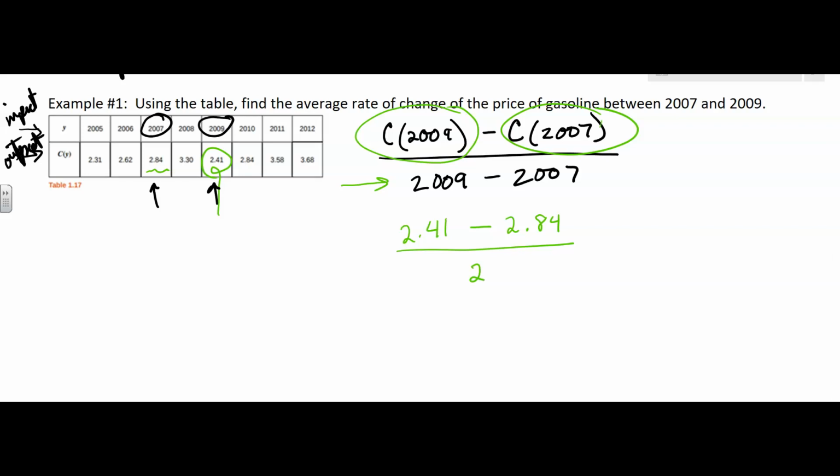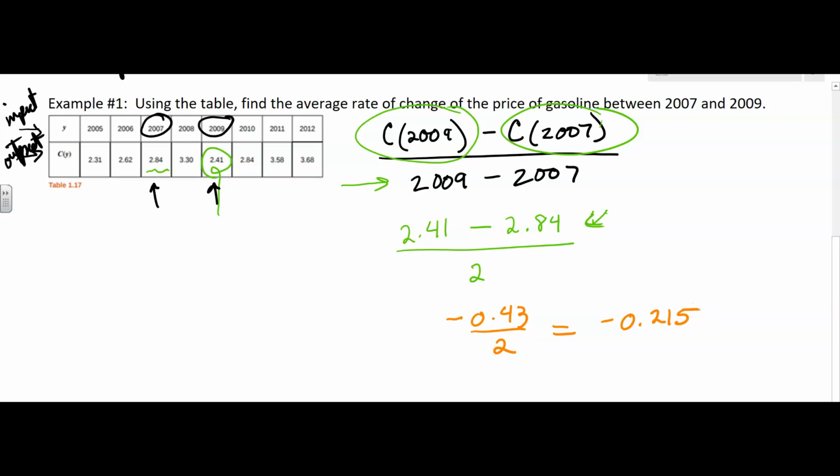So we might use a calculator if you want and get that calculation there. So we wind up getting a negative 0.43 divided by 2. Now often they'll want you to divide that out so you can have it per unit. And so we're getting this to be negative 0.215.